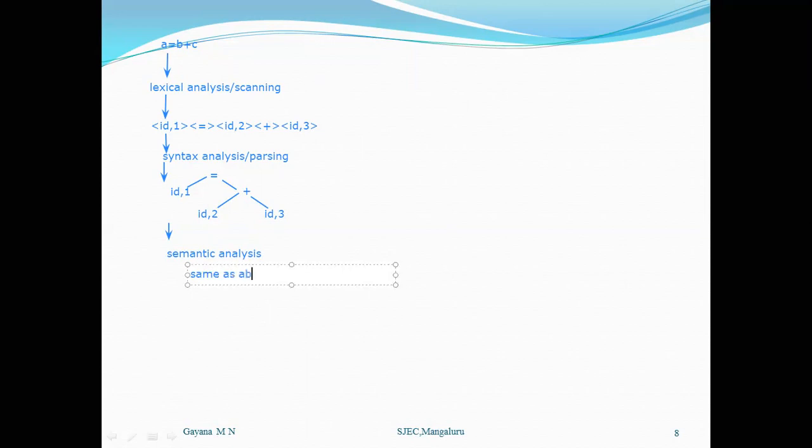Next, what do we do? So whatever output is generated after semantic analysis is then given to the next component. Which is the next component? Intermediate code generator, correct? So we do have the intermediate code generator.